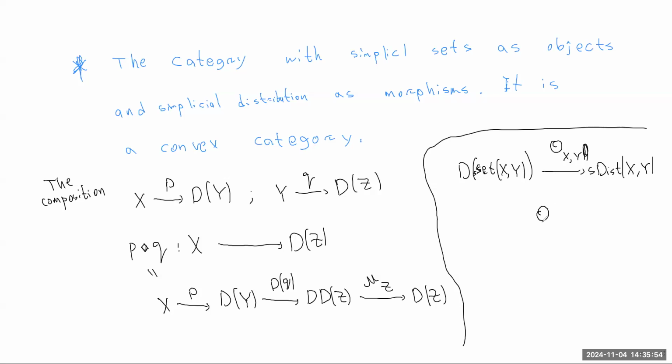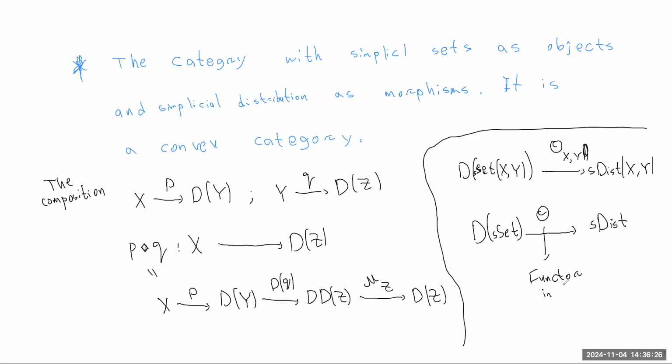There is a functor theta from this category, let's call it simplicial distribution, maybe call it by some name. It's a Kleisli category of something. And this is the free one on simplicial sets. We apply D on simplicial sets. This is a functor.